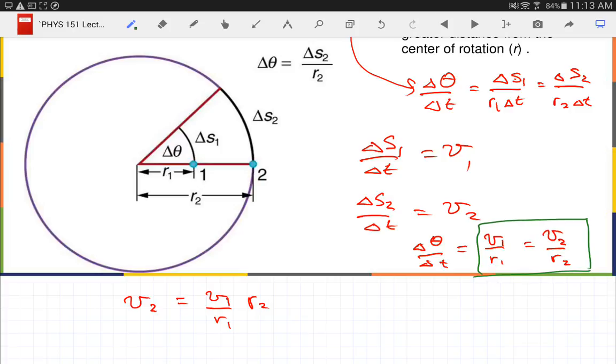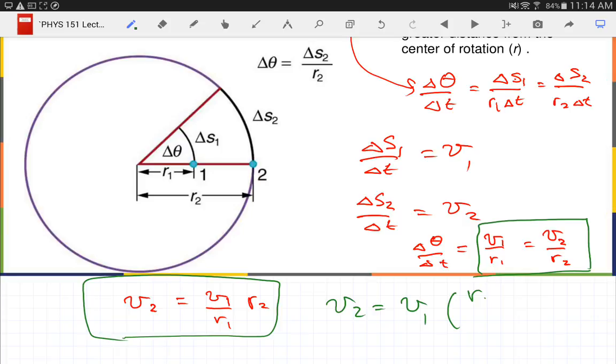Taking things in that box and solving it for V2, I have this equation here. So V2 is equal to V1, the speed of Ann is the speed of Bob, times the radius for Ann divided by the radius for Bob. Since Ann was 2 times the radius of Bob, she had twice his speed.